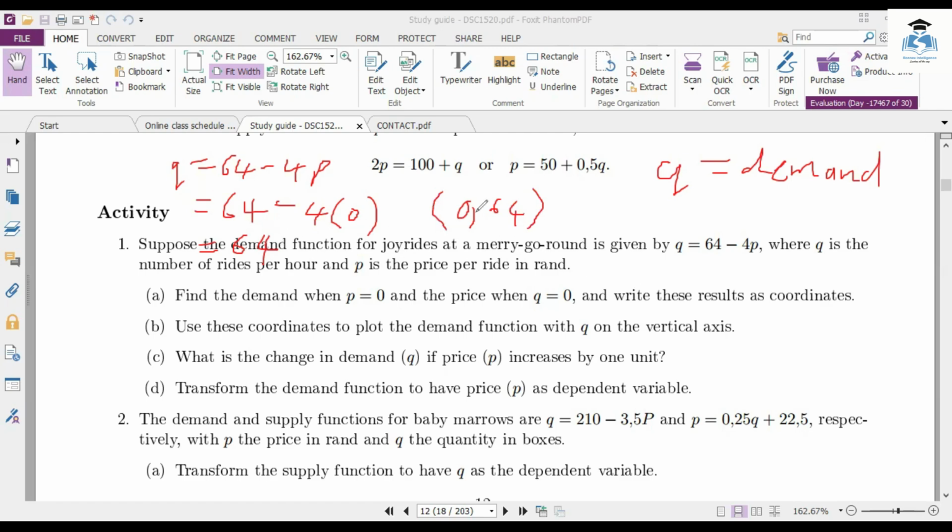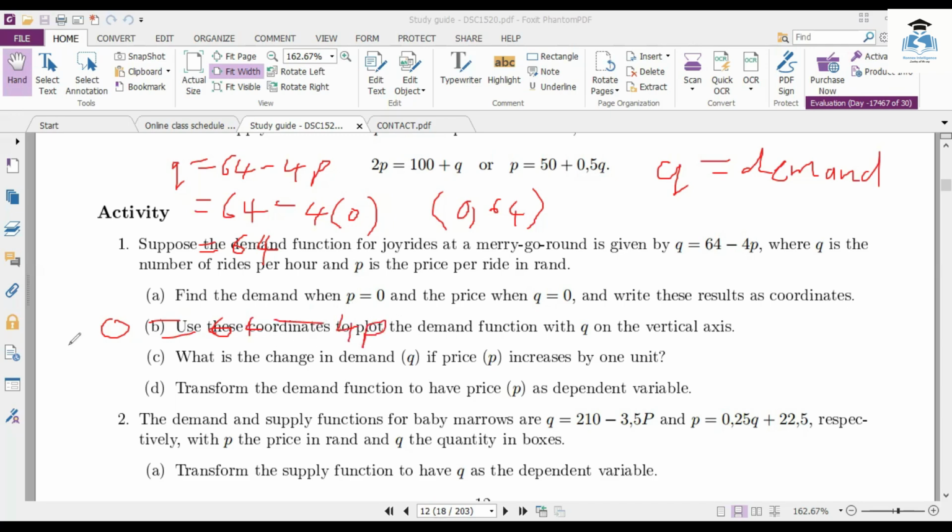Q is 64, when P is equal to 0. Now it says when Q is 0, what is the price? So now you are just saying 0 equals 64 minus 4P.